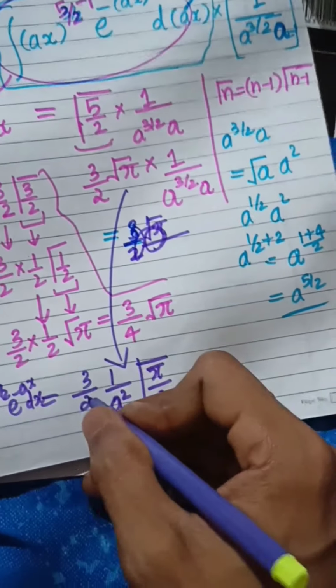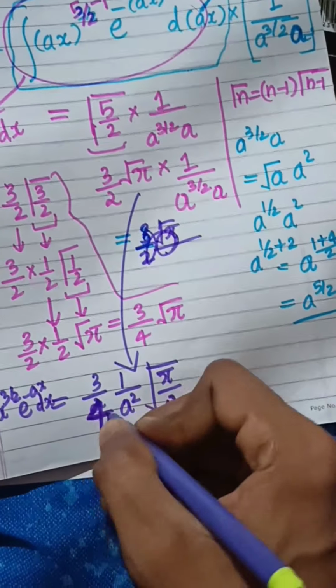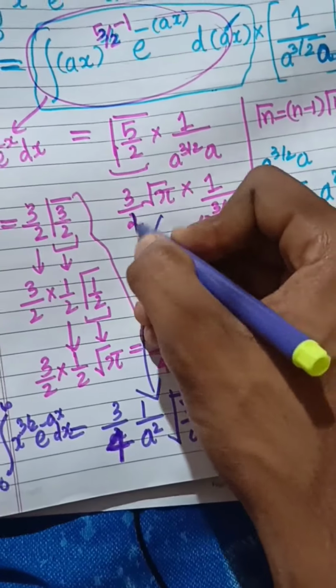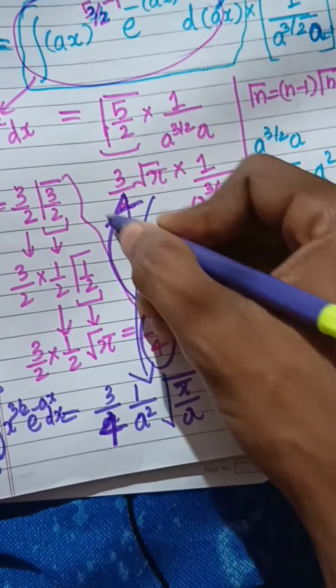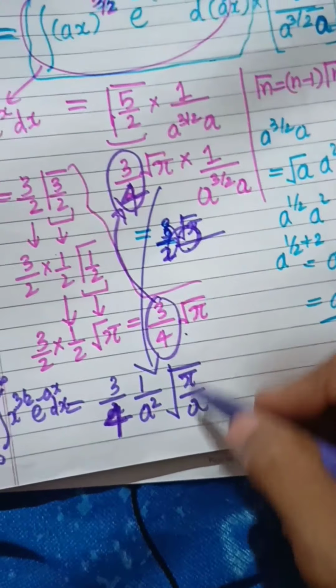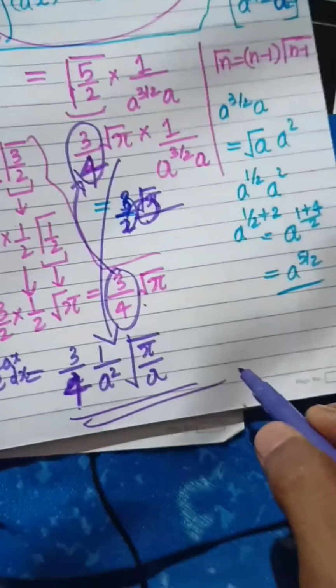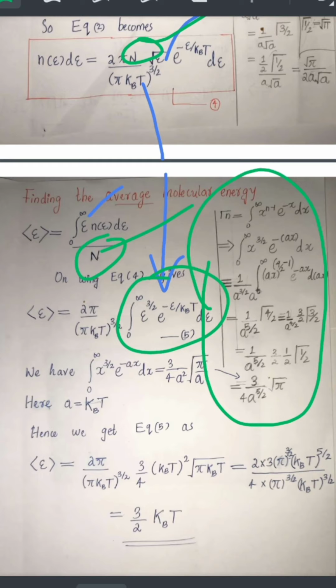Not 3 by 2, this is actually 3 by 4, because this 3 by 4 is here. So now, using this trick of gamma functions, we have the integral from 0 to infinity of x to the power 3 by 2 e to the power minus ax dx equal to 3 over 4 a square times root of pi by a.